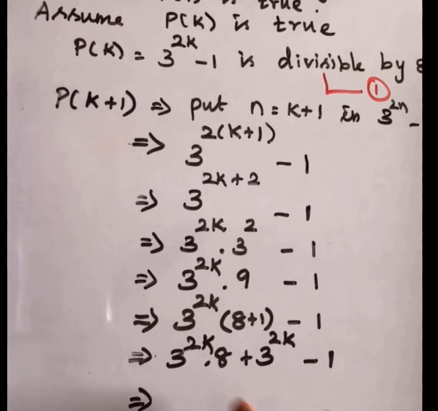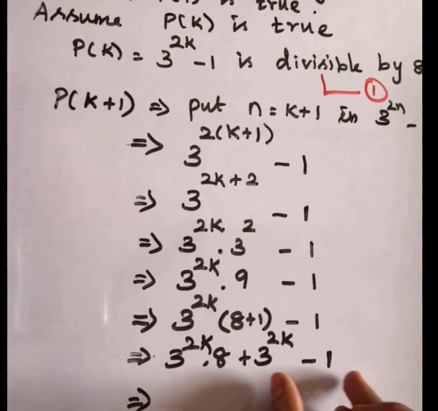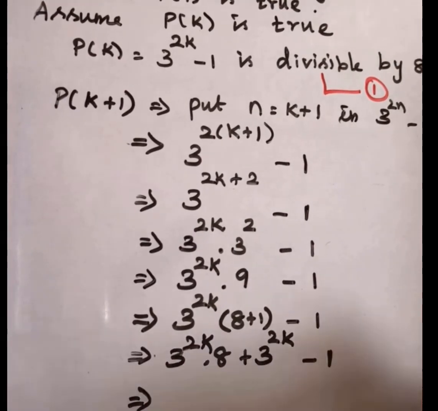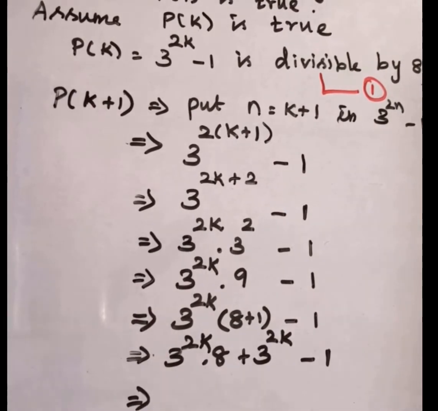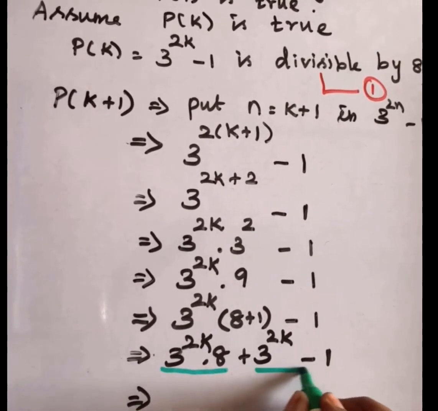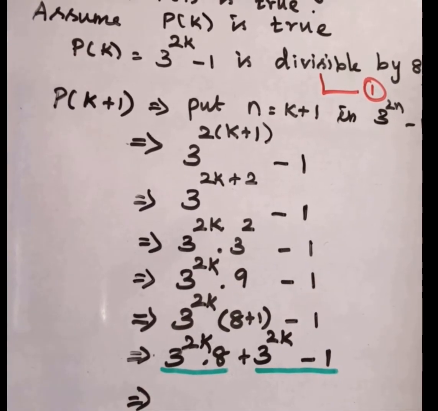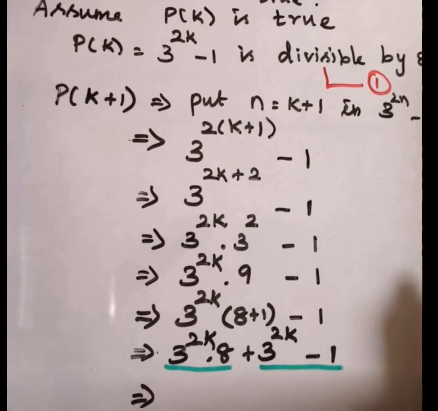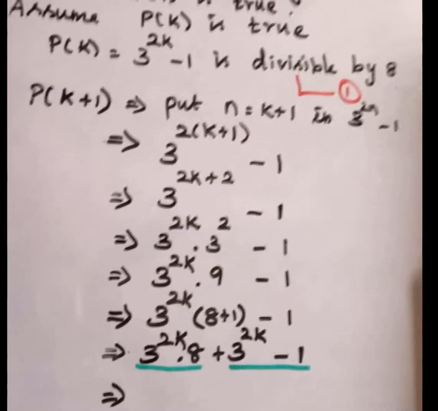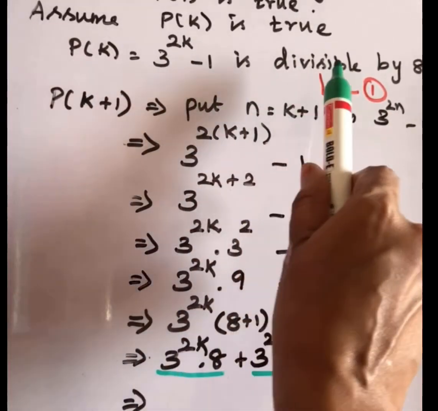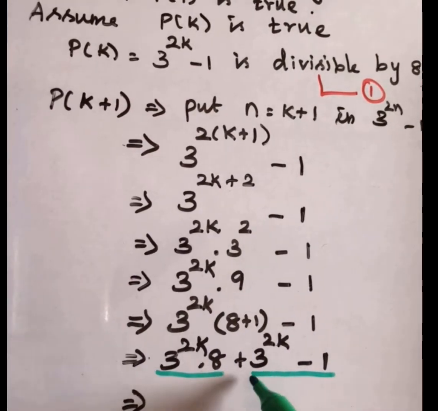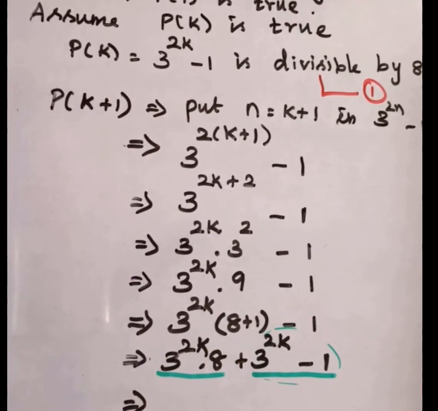Now this is the sum of these two expressions. 3 power 2k into 8 is there. Similarly, 3 power 2k minus 1 is also there in the expression. Already we have proved, in our equation 1, that 3 power 2k minus 1 is divisible by 8. So, this expression is divisible by 8.